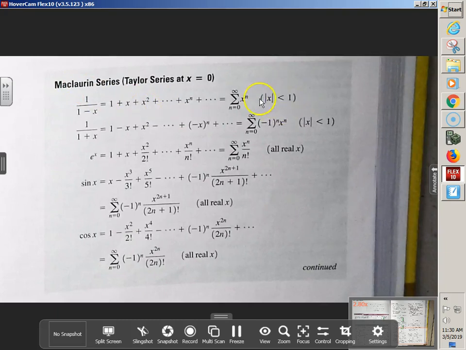Really quickly, there is a place in your homework where it says something about interval of convergence. Man, this is just a better table. I just need to steal this table. Do you guys see where it talks about for what values of x this is good? Yeah. This is geometric, x between 1 and -1. This is still geometric, x between 1 and -1. This is good for all real numbers, as long as I keep going forever and ever.